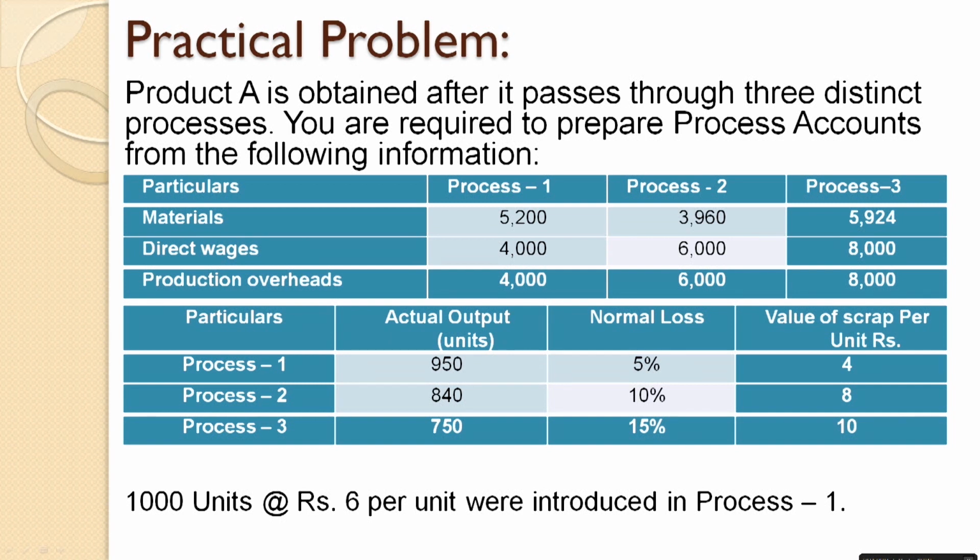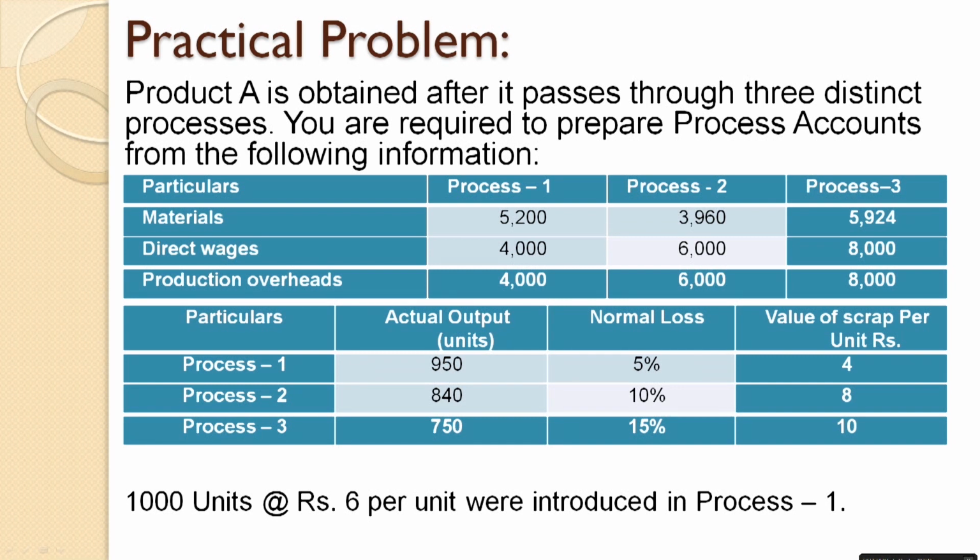In process 2, the material cost decreases but the wages increase. The idea is very clear: at the time material is introduced in the first process, the material cost is always higher, but production has not yet fully started. The wages cost may not be as high, but gradually the production wages increase: 4,000, 6,000 and 8,000.